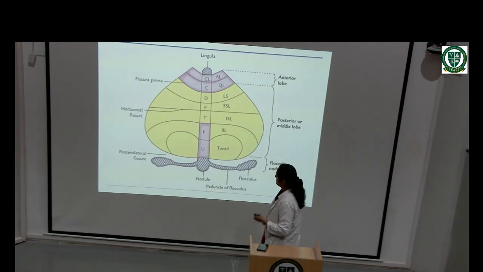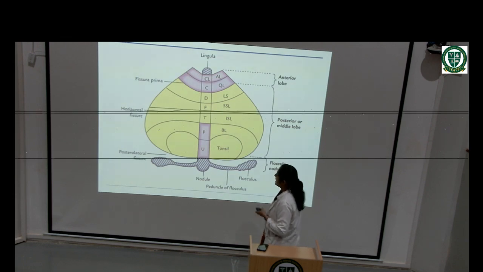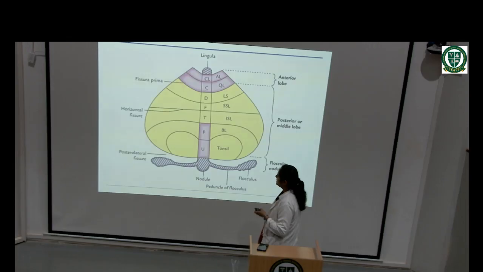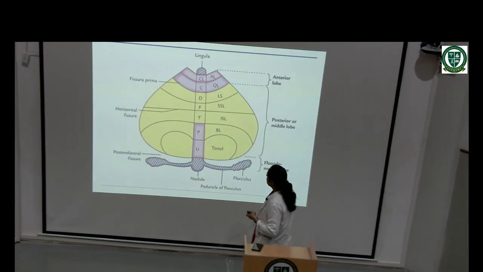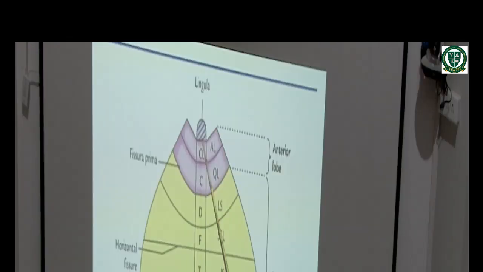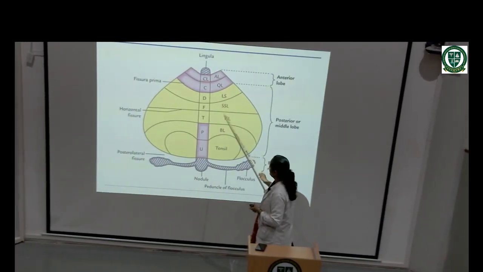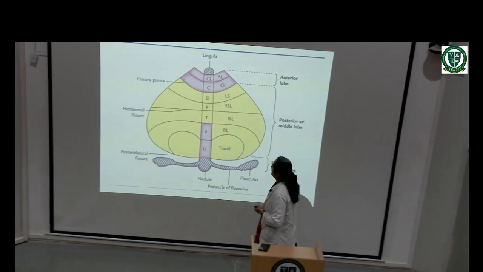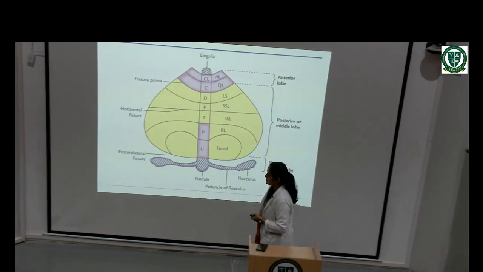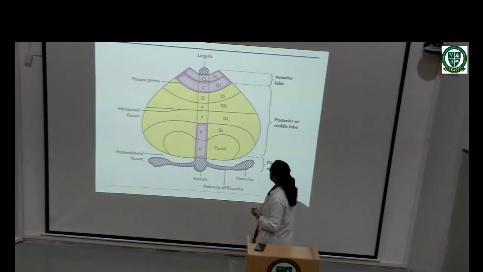Each of these lobes has different connections and different functions, and developmentally also they are different. Further, each lobe, both the median portion, that is the vermis, and the cerebellar hemisphere, are divided into various lobules and given specific names. We will see what those are.